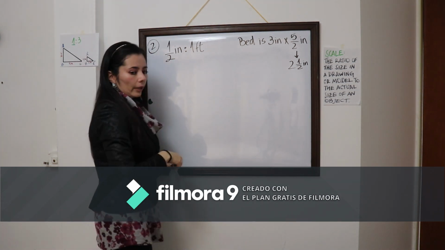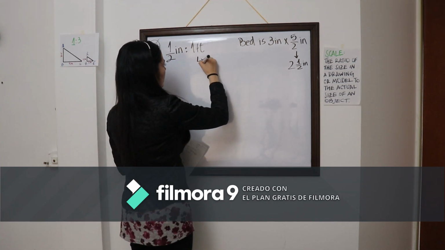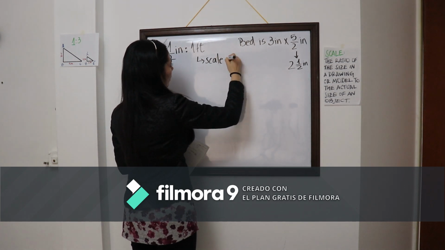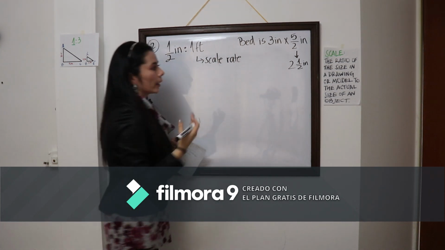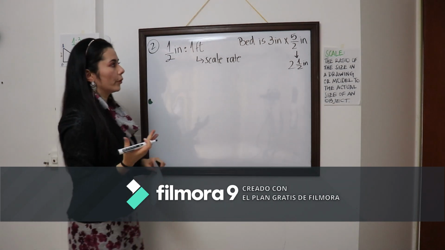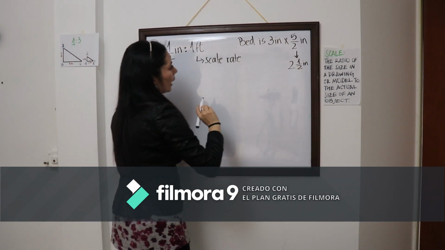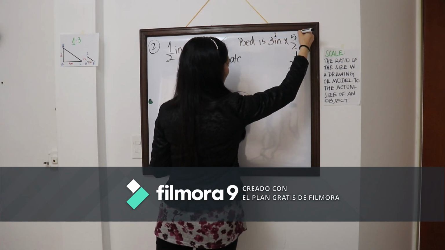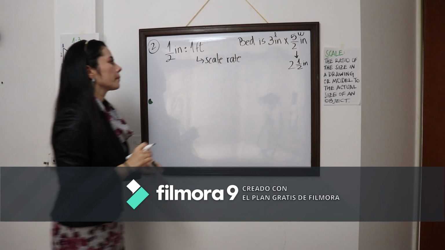So I have the scale rate. Remember, this is the scale rate. Oopsie. This is the scale rate. And now we're going to build the proportion to be able to find each one of them. Sure, I can call this one the length, and I can call this one the width. It's fine.